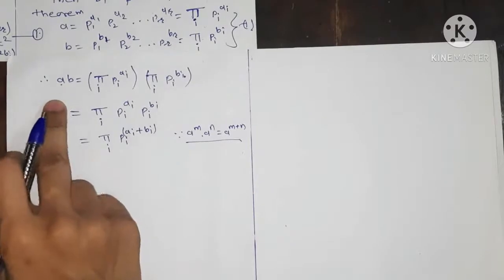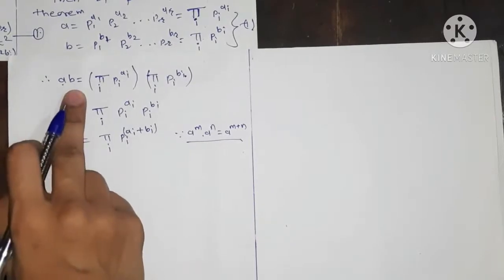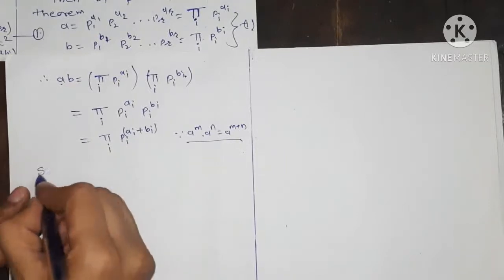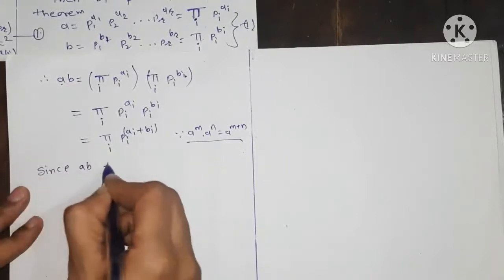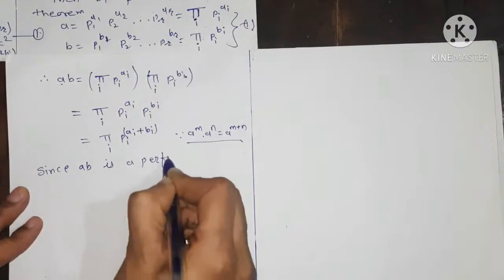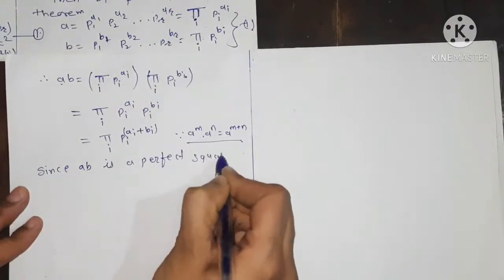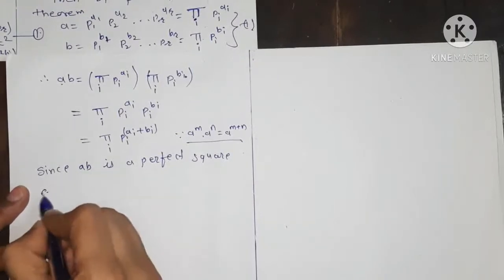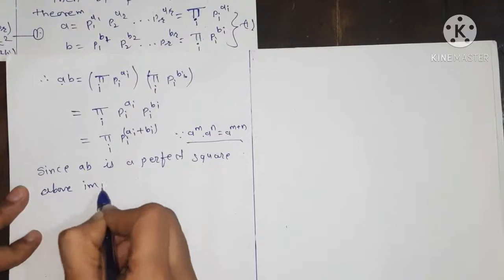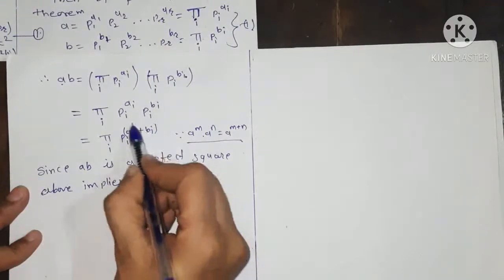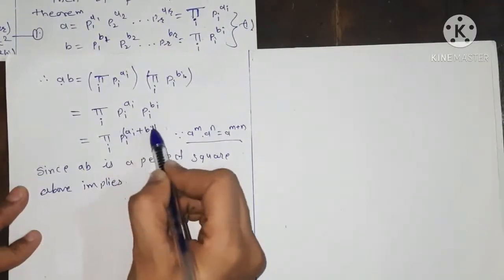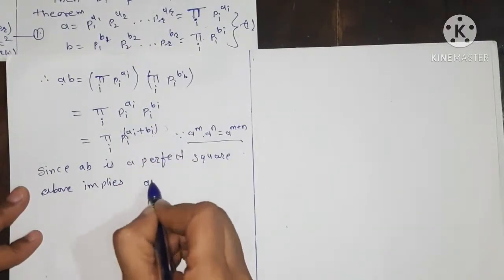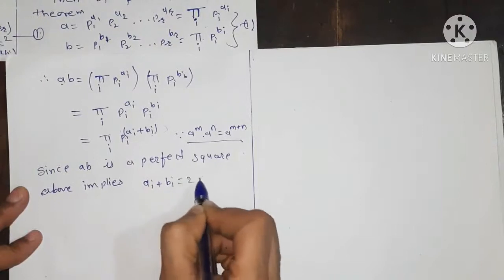But as we are given that AB is a perfect square, the above form implies that this number should be a power of something, right? That is, ai plus bi will be in the form 2ci.